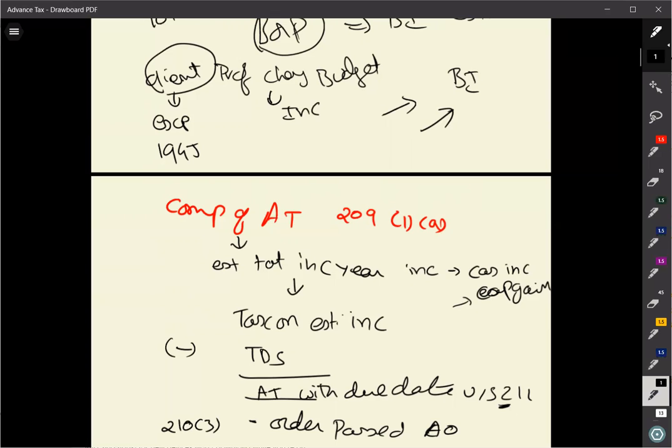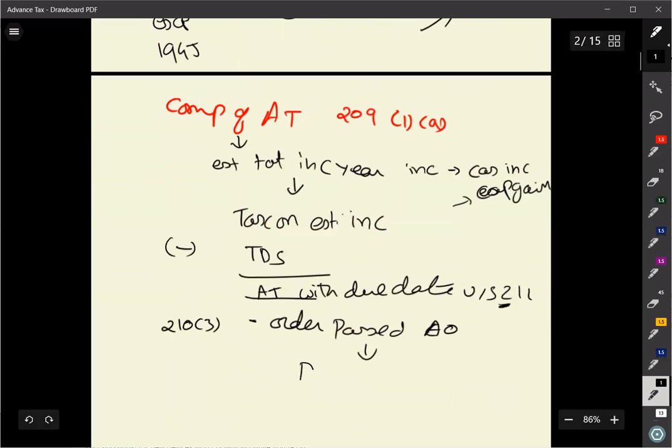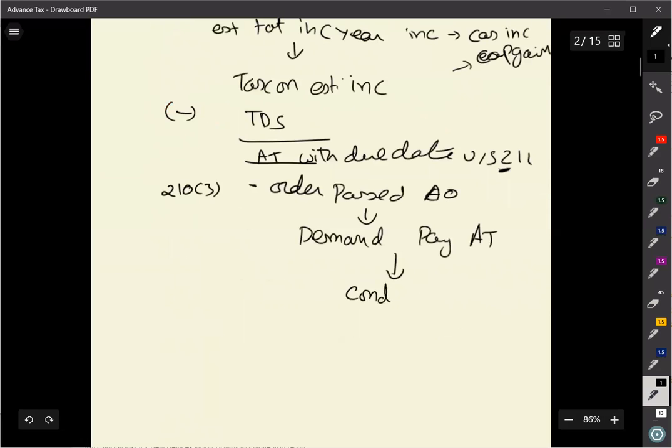If certain conditions are satisfied, the assessing officer can invoke this power and pass an order demanding payment of advance tax.